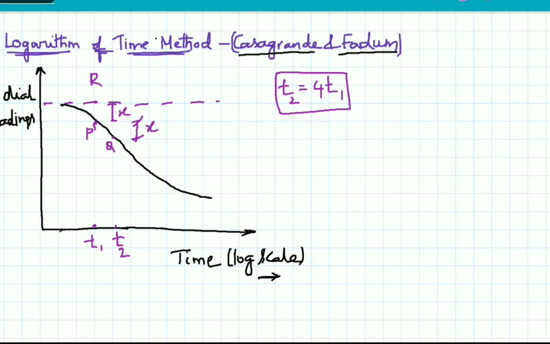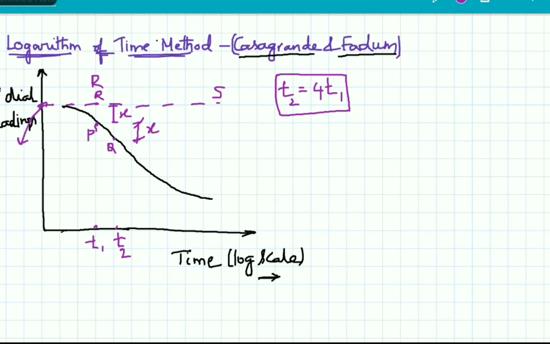Now draw a horizontal line RS. The dial readings corresponding to this line RS is D0, which corresponds to 0% consolidation.